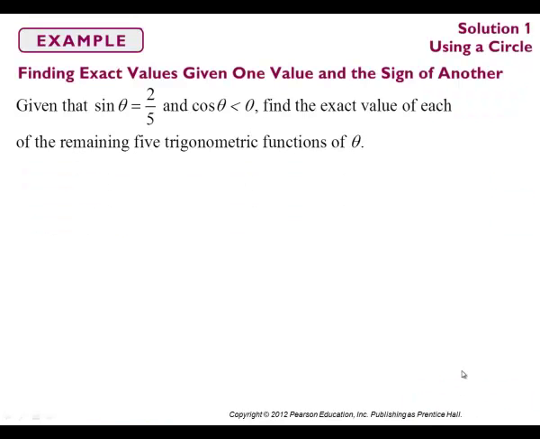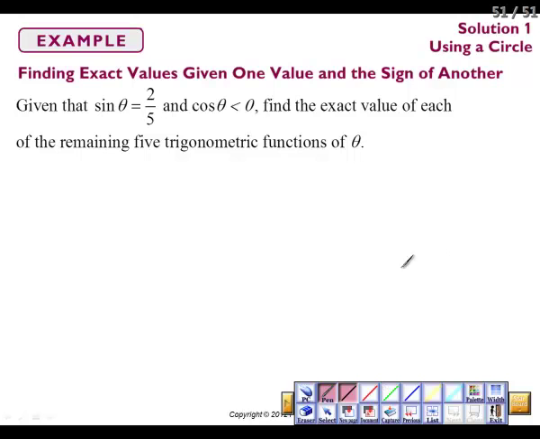Here's our coordinate plane. Sine is like y. Y is positive in quadrants 1 and 2. We know this is in either quadrant 1 or 2.